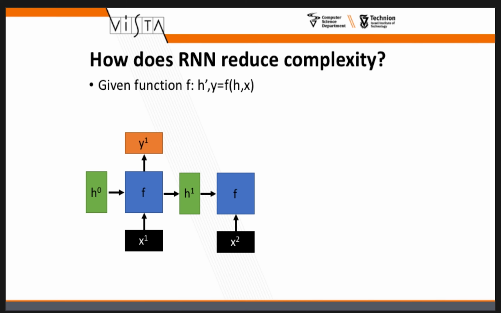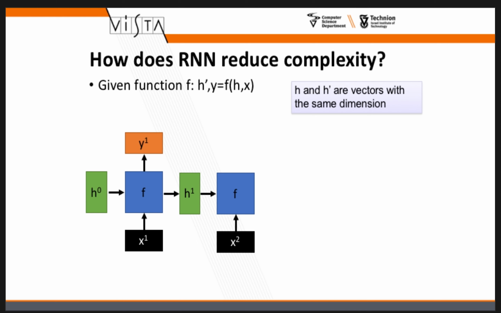If we have x2, it actually has the same network. So h and h tag are vectors with the same dimensions. Your dimension is not increased when you are feeding a sequence of inputs.